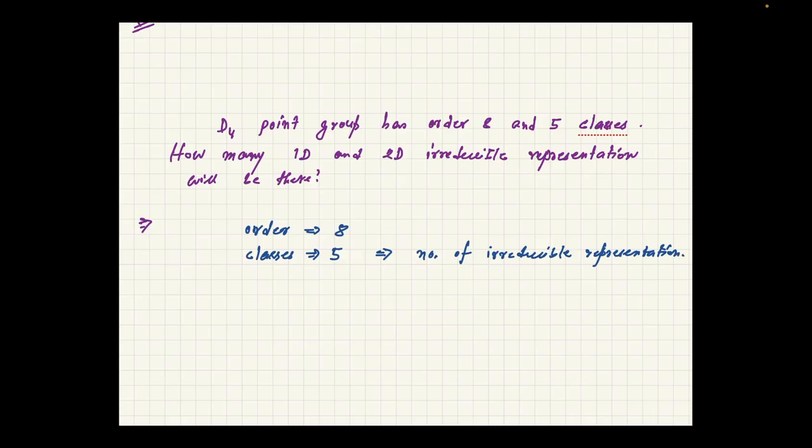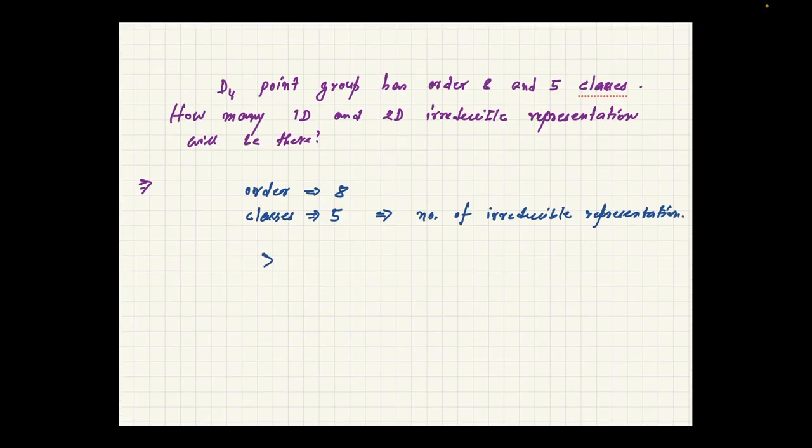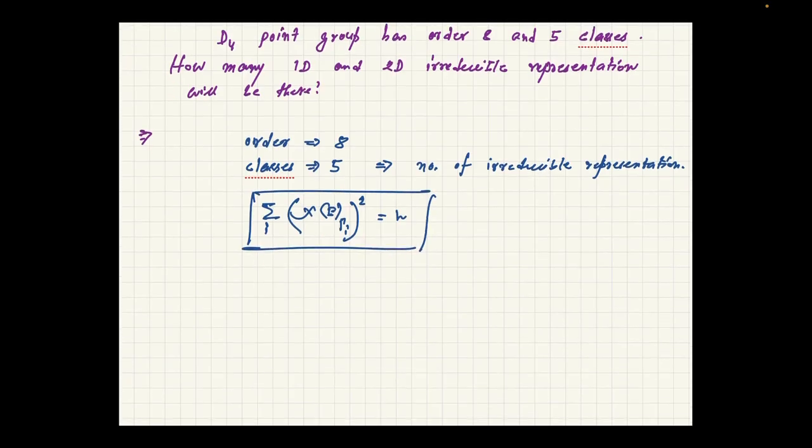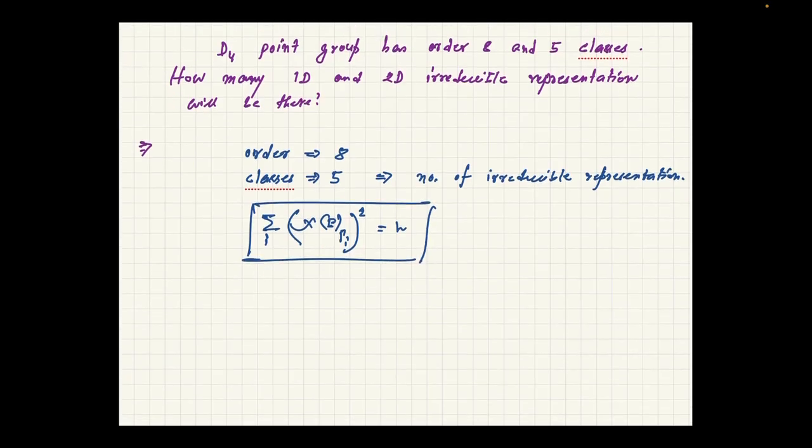And we know that the sum of the squares of the characters of the identity operation corresponding to each individual irreducible representation will be equal to the order of the group. Now 5 different irreducible representations are there, and the order of the group is 8.